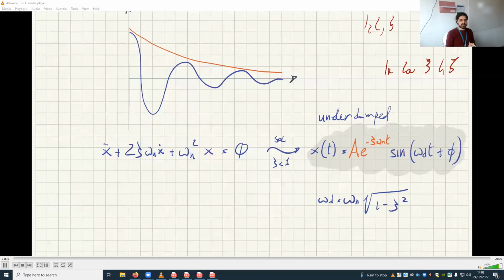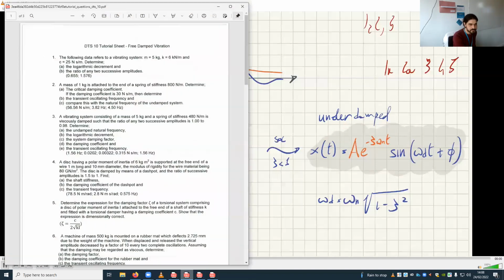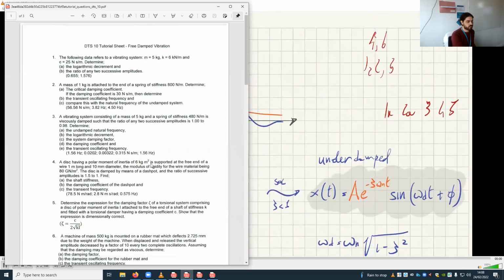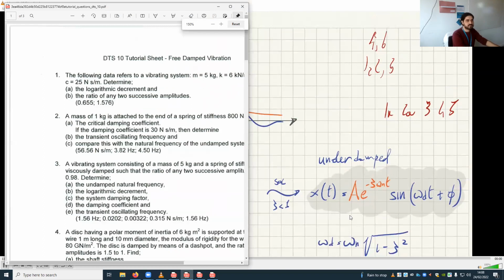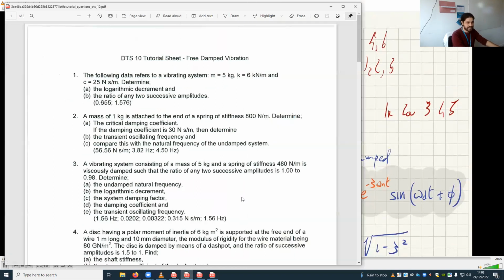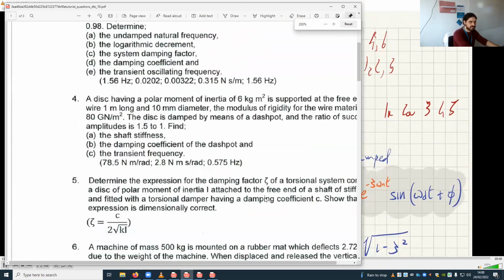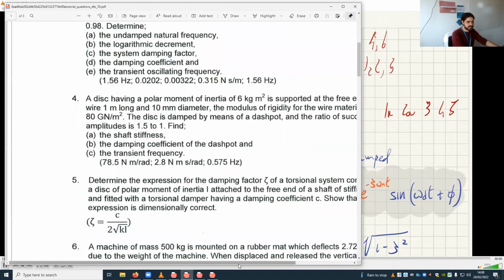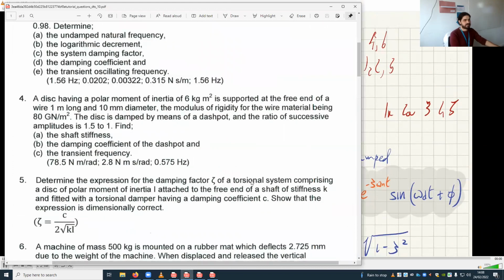Let's start with solving this tutorial question here. We want 4 and 6. So we want question 4 from TTS 10, which is one of the tutorial questions you've done in second year, I'm sure, because it's the same tutorial sheet. We have a disk with a polar moment of inertia of 6 kilogram meter squared, supported at the free end of a wire 1 meter long and 10 millimeter diameter.